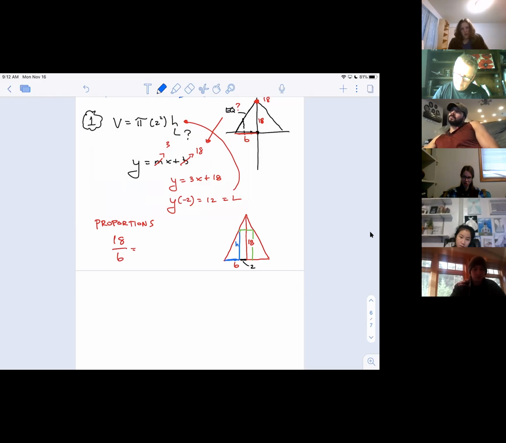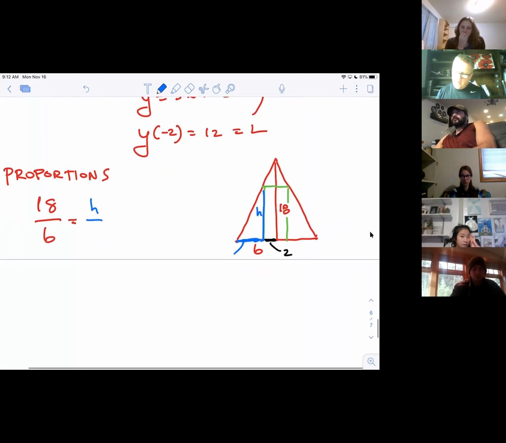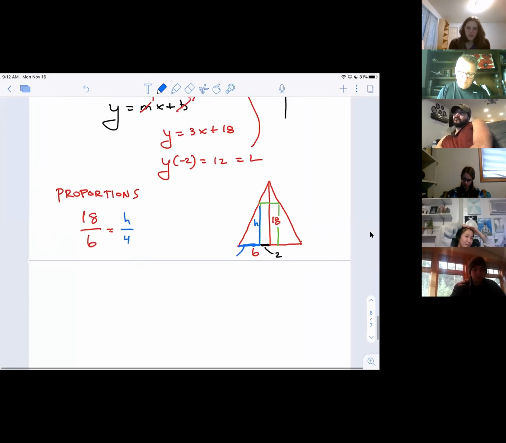But don't we know that distance down there? What would that distance be? Yeah, since the whole distance all the way across this was 6, and we went over 2, then that distance is not 2, but 4. So I could say 18 is to 6 as h is to 4.